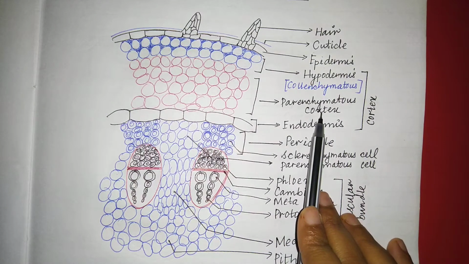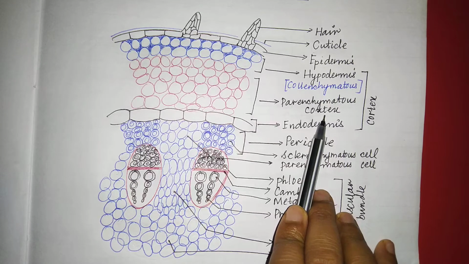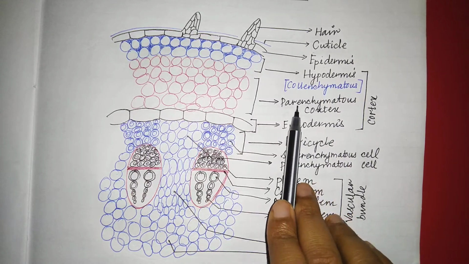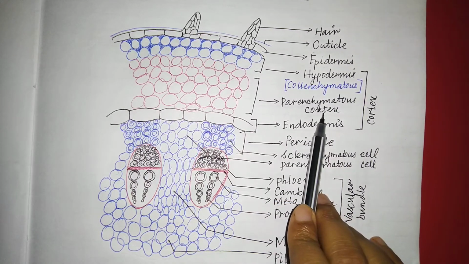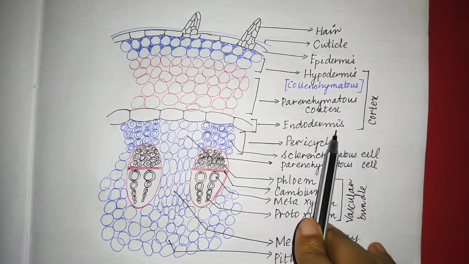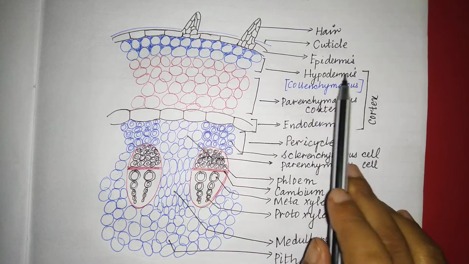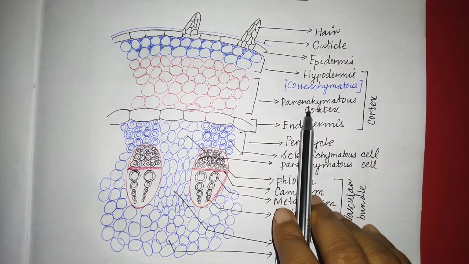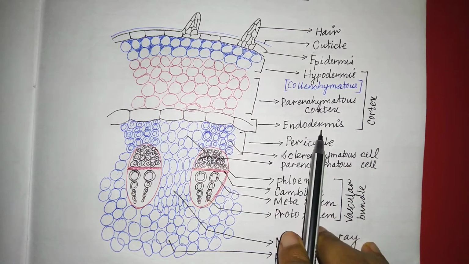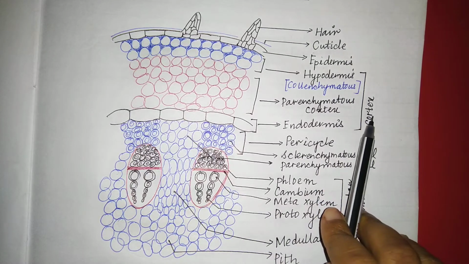This layer is 4 to 5 layers. Inner to the parenchymatous cortex, there is the presence of endodermis, which is a single layer of cells. Hypodermis, parenchymatous cortex and endodermis together are known as cortex.